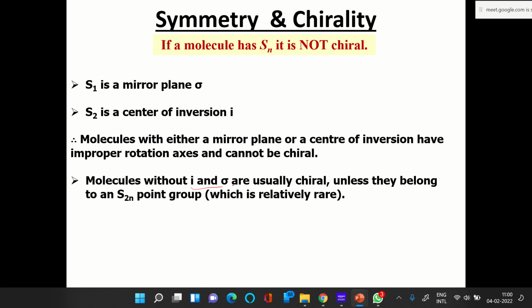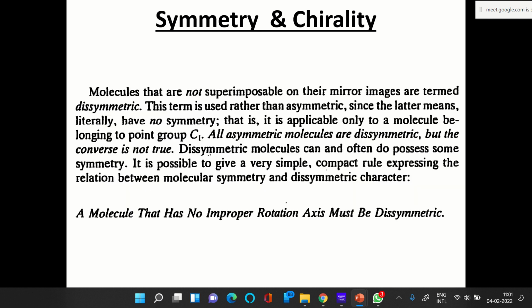So molecules without i and sigma are usually chiral, and they belong to S2N point groups. There is one more point that you will find when you're reading F.A. Cotton's book. There's also a term called dissymmetric. When molecules are not superimposable on their mirror images, they are termed dissymmetric.